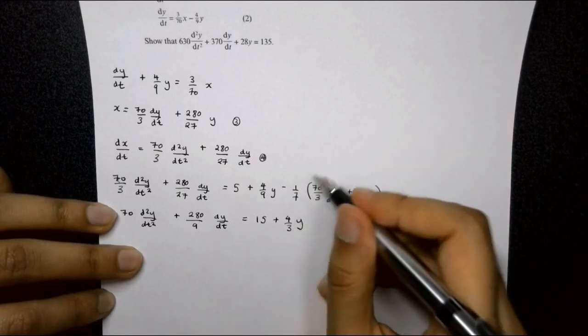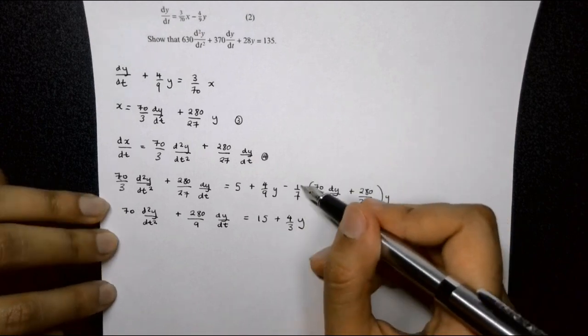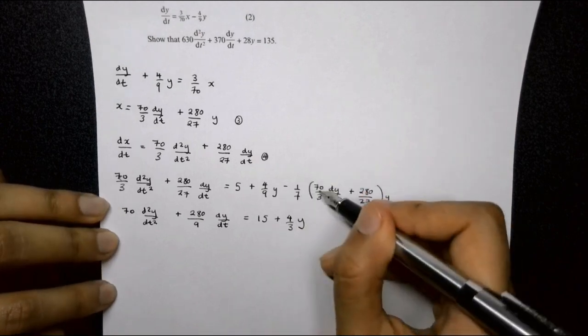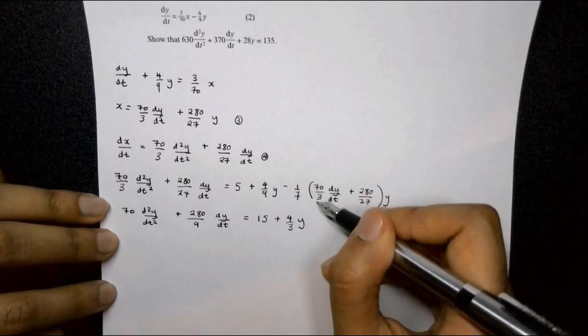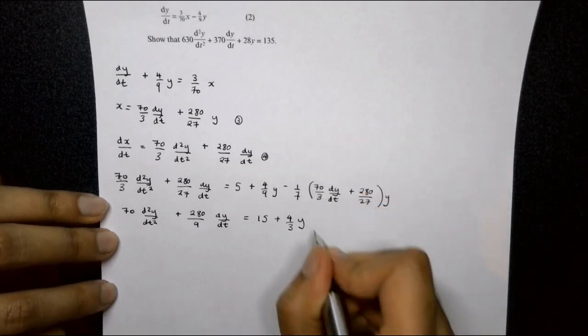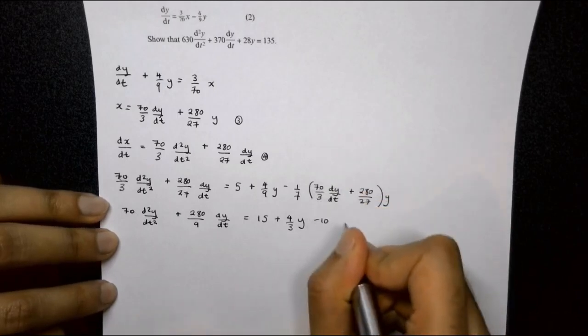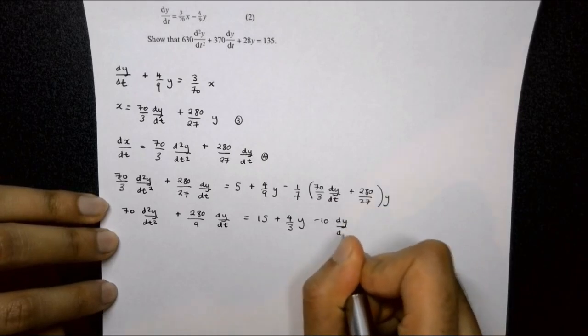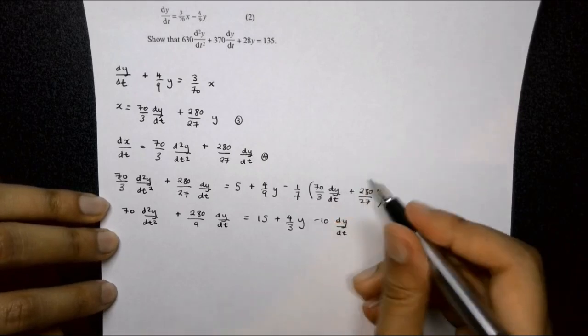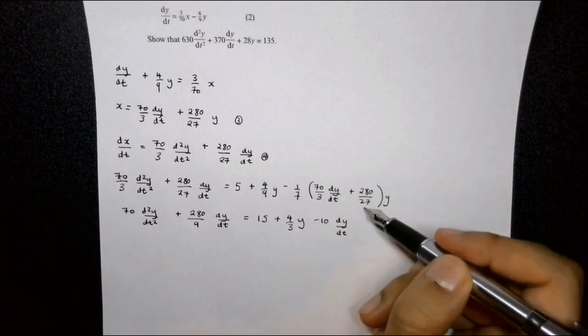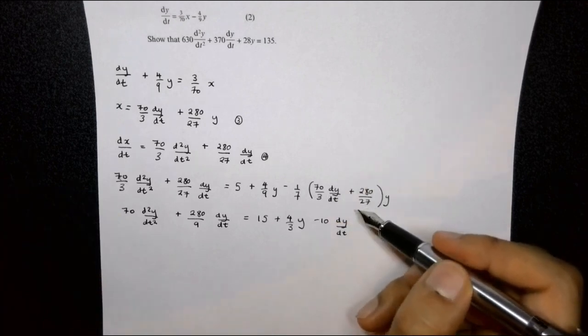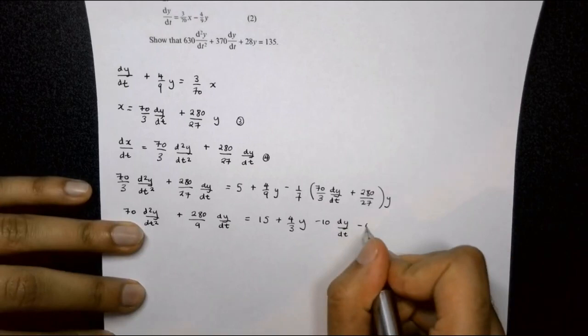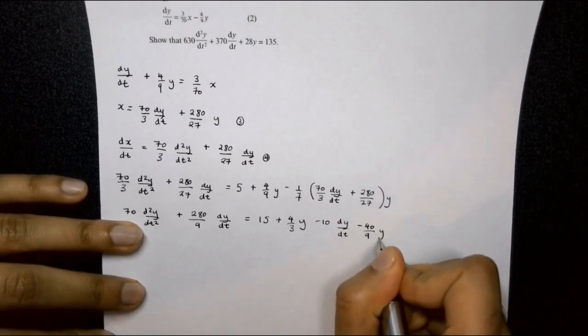And what we'll also do is multiply through by the 1/7 over here. So here we're going to have 10/3 times 3, so that will be 10. So we've got minus 10 dy/dt, and here we've got 40/27 times 3, which is minus 40/9 y.